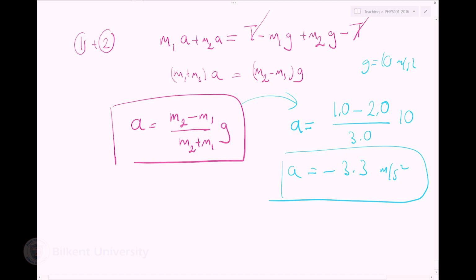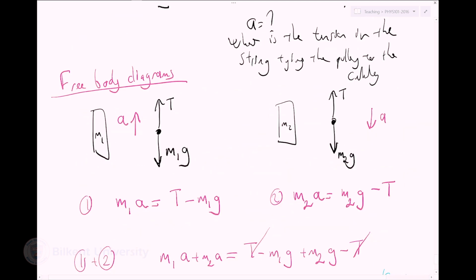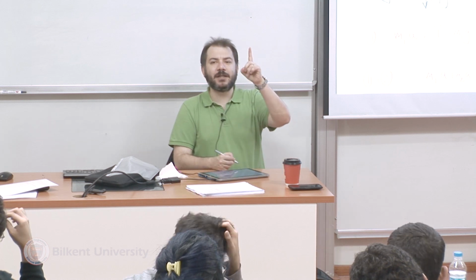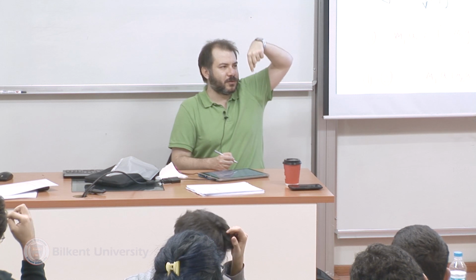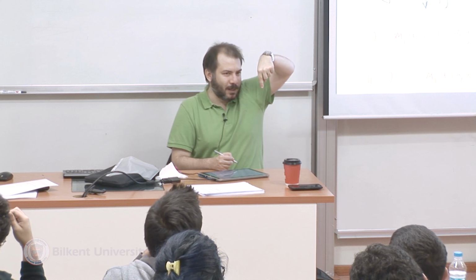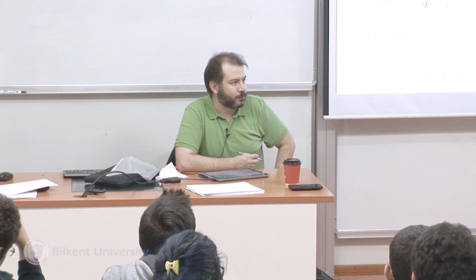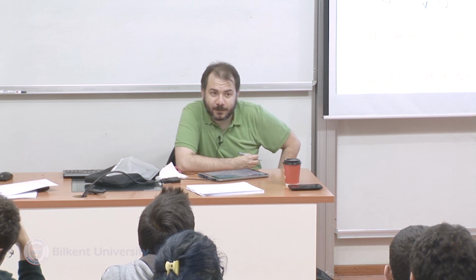My formula, once I do all my equations consistently, gives me the correct result. I will find my acceleration is minus 3.3. In which direction? In the direction I have shown. Okay? So minus 3.3 in the up direction means 3.3 in the down direction, which is the correct way that M1 would move. Okay? Is that point clear?